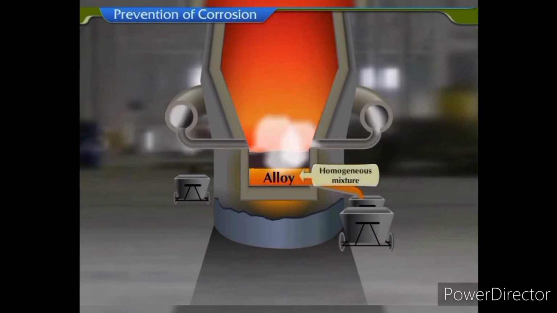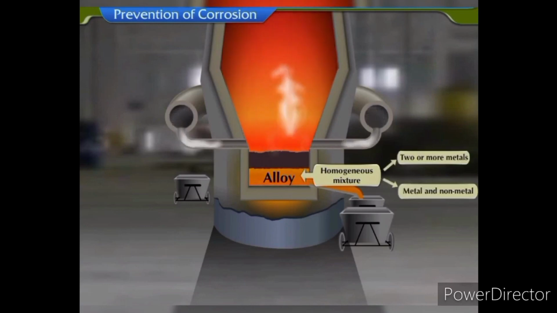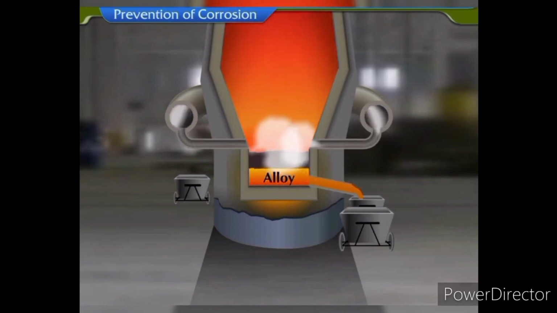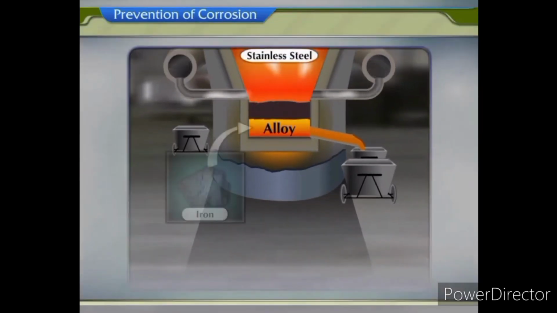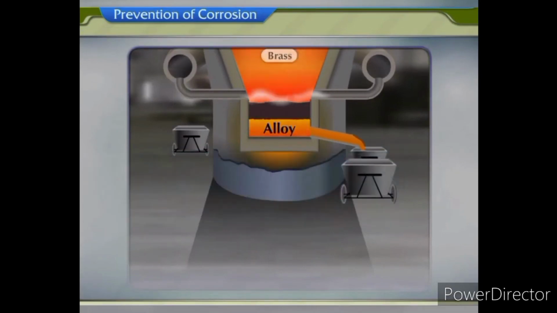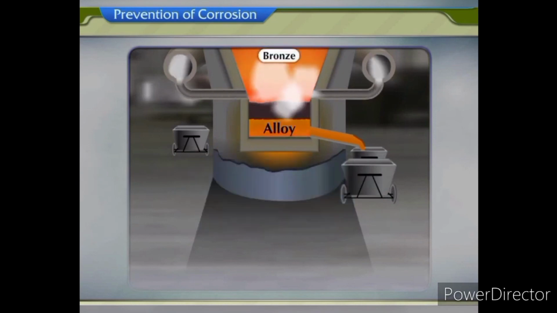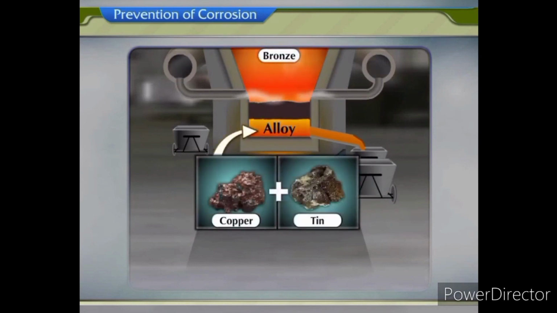An alloy is a homogeneous mixture of 2 or more metals or a metal and a non-metal. Stainless steel is an alloy of iron with nickel, chromium and carbon. Brass is an alloy of copper and zinc, and bronze is an alloy of copper and tin.